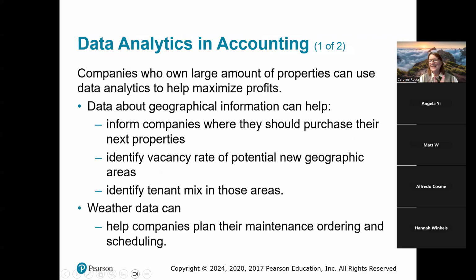Okay. Data analytics, one of my favorite subjects. Companies that own a large amount of properties use data analytics to maximize their profits.